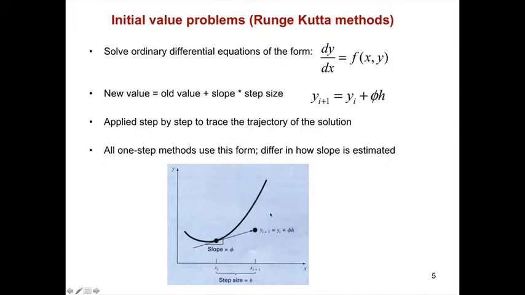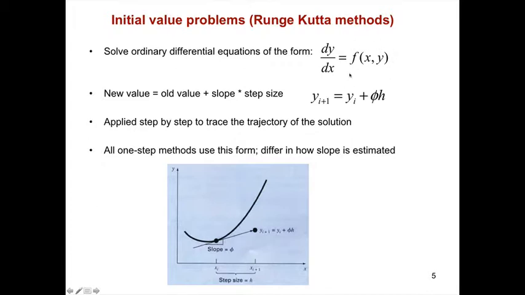That's a simple way to do things from this imaginary triangle that I'm drawing here. And this slope is really the derivative of the function y at this point. According to my ordinary differential equation, I know what the derivative is: dy/dx is f of x, y.